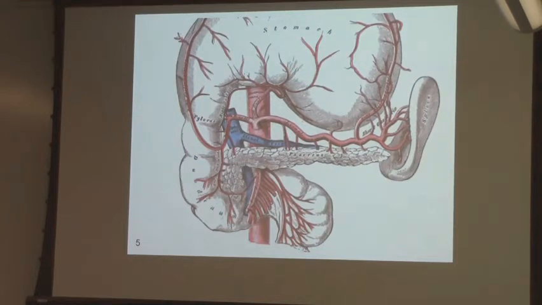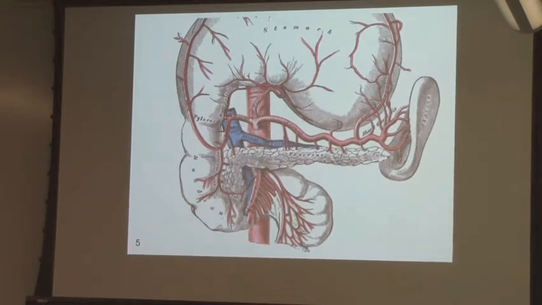Now I'm talking about the gastroduodenal. And from that gastroduodenal right here, there's a branch to the right gastroepiploic, greater curvature of the stomach.